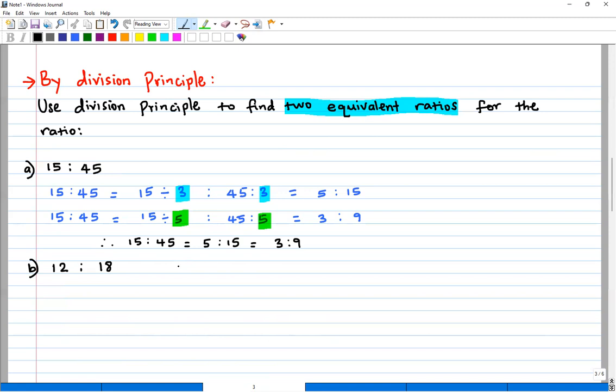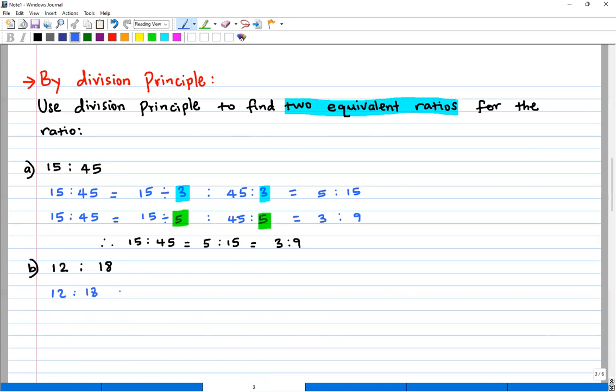Now let's get the last part for our lesson of today. We need to get 2 equivalent ratios of 12 to 18. So we are having 12 to 18.